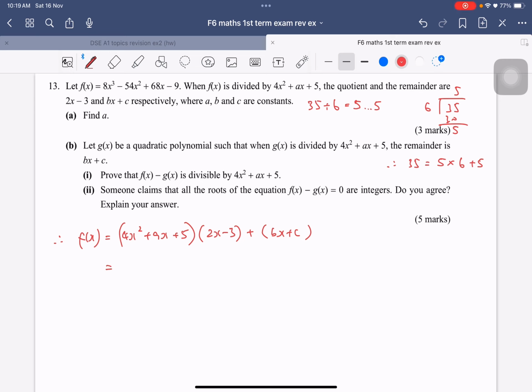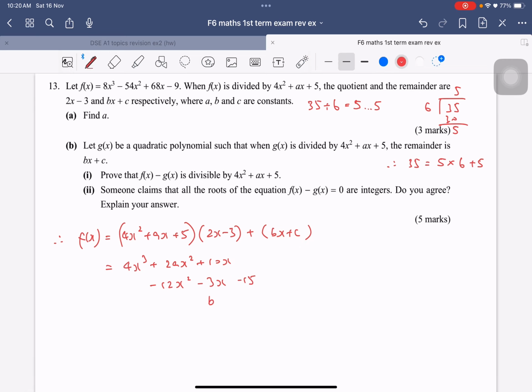Then we can expand the brackets. So now I have 4x cubed plus 2ax squared plus 10x, and then 4x squared times negative 3, which is negative 12x squared, and then a times negative 3, negative 3ax, negative 15. And then we have bx plus c.